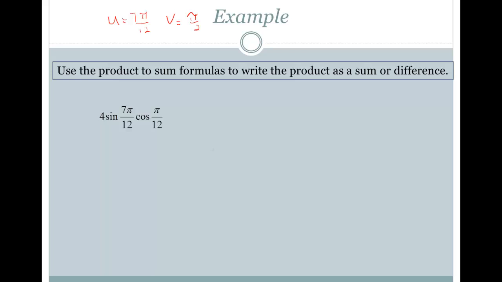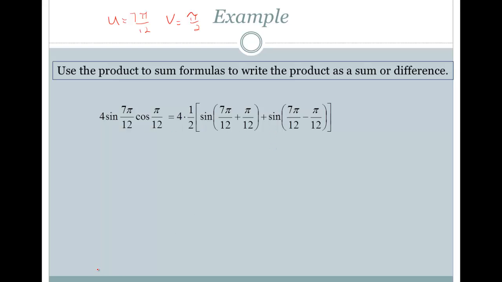So I can plug in directly. I leave my 4 because that's the 4 out front, and it's 1/2 times the sine of 7 pi over 12 plus pi over 12 plus the sine of 7 pi over 12 minus pi over 12. That's what the product to sum formula tells me.